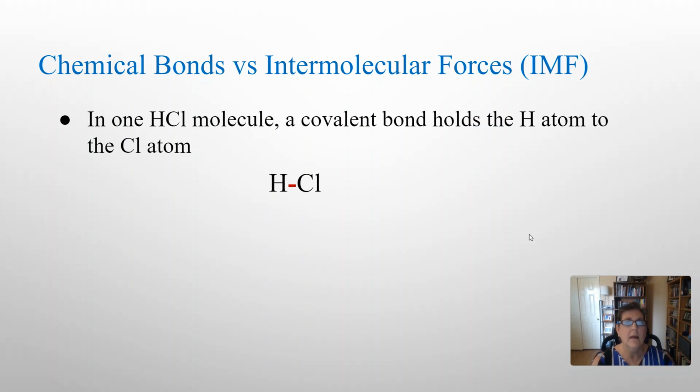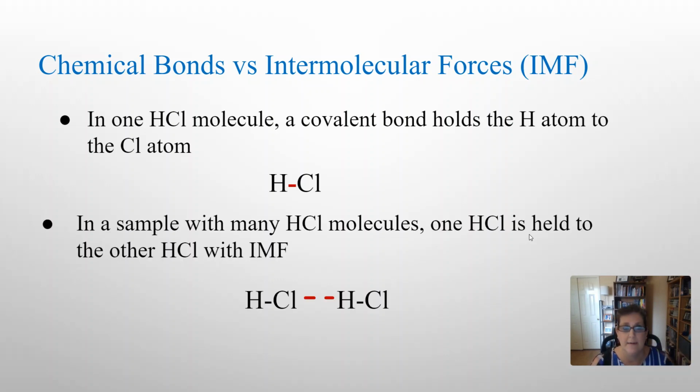Okay, so again, if I just have one HCl molecule, what holds the H to the Cl is a bond, a covalent bond, and it's the red dash in that picture. Okay, that's just one molecule. The H is held together with the Cl by a bond. Now, when I have a bunch of HCl molecules, one HCl molecule is held with another HCl molecule by the force. So in this second drawing, the dashed red line is the force.